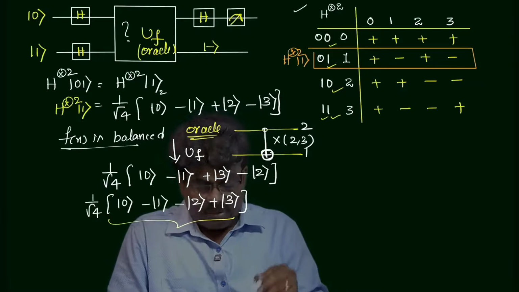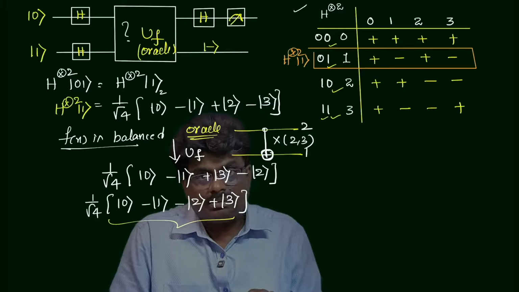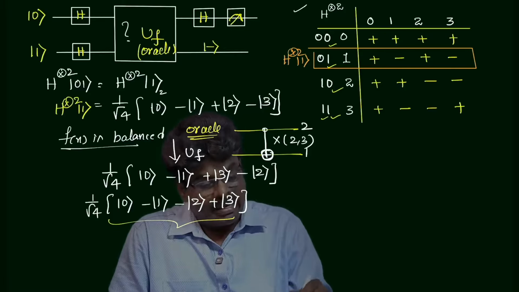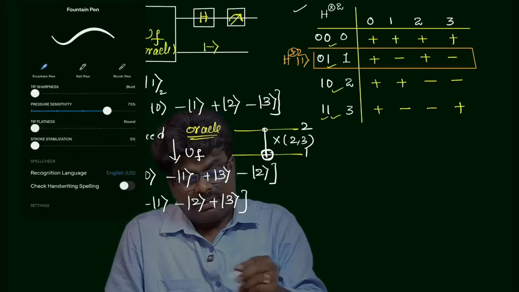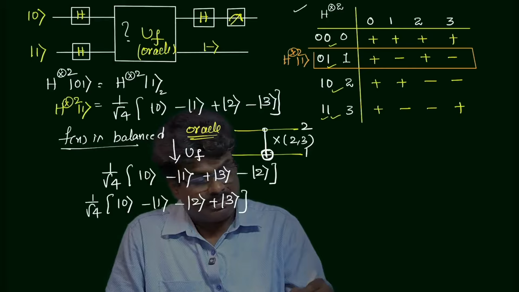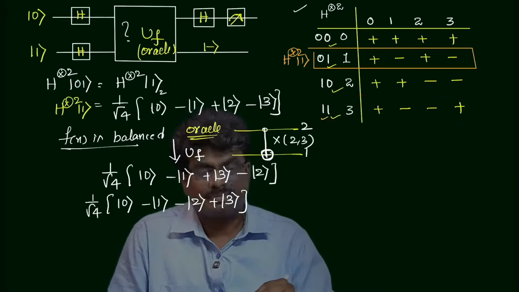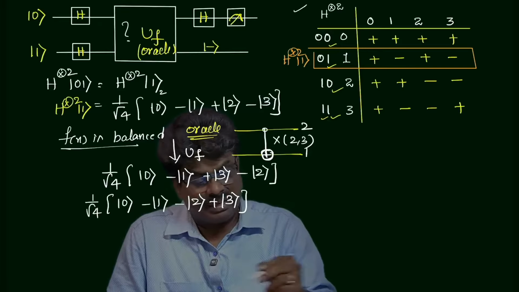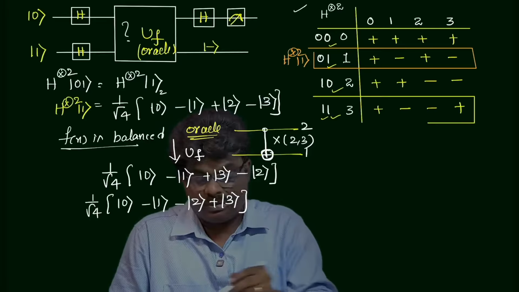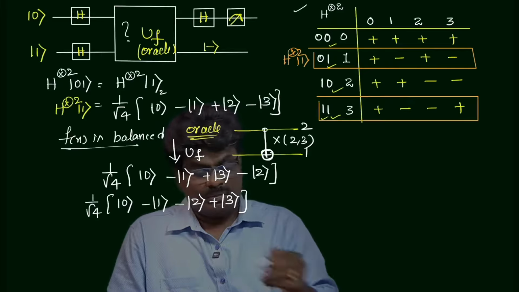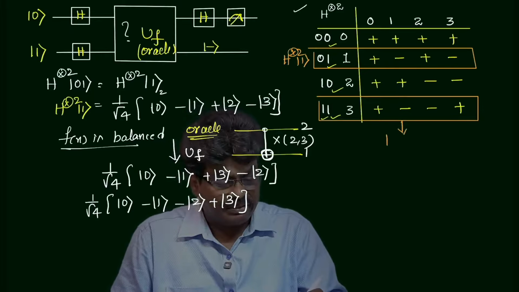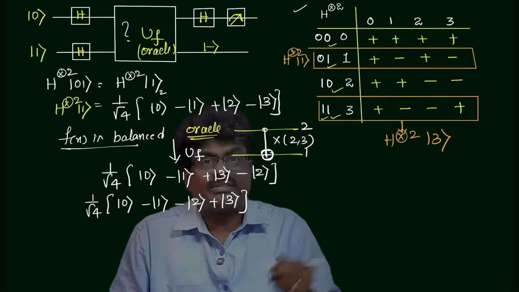In this table where you have these signs plus, minus, minus, plus, finally here we will get H tensor 2 operates on 3.